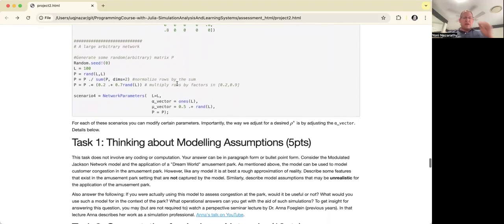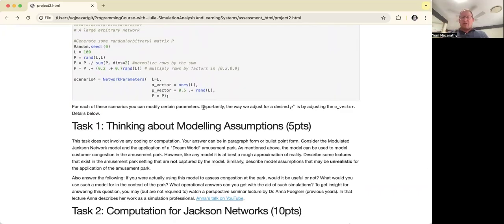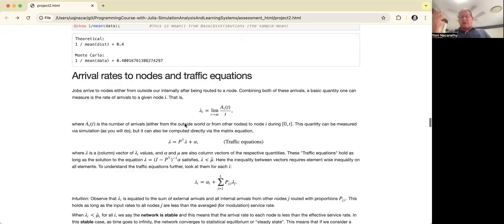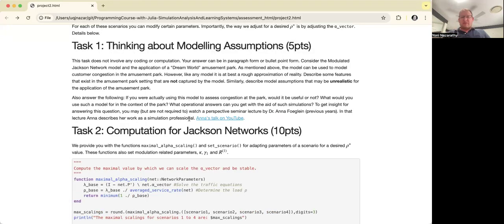They're different. In task one, you'll think about the modeling assumptions. You'll digest everything we spoke about here. You'll probably read it once or twice and understand this network. You can do this task right now; you don't need anything from Claire's lectures for this task per se. You can also listen to Anna Fowlin's YouTube talk.